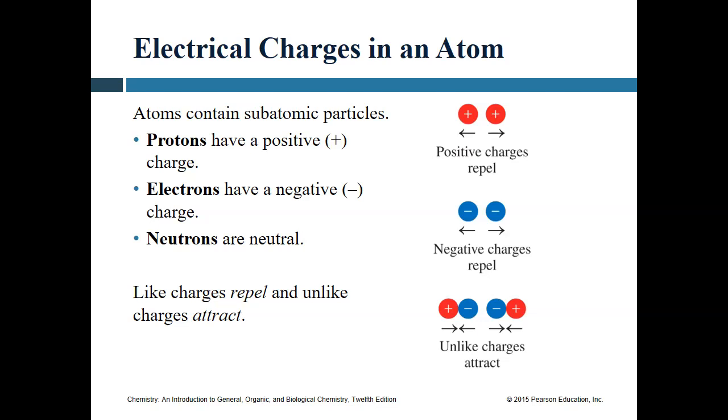They have the same kind of charge. The thing that largely keeps an atom intact is the fact that even though the electrons are pushing against each other and the protons are pushing against each other, the protons and the electrons are attracting each other. And that attraction between them is one of the primary ways that the atom kind of stays together.